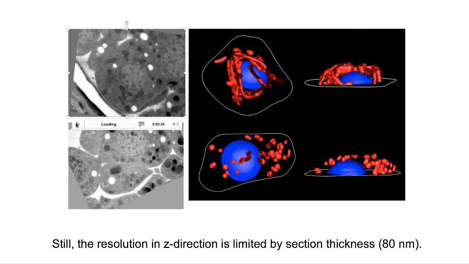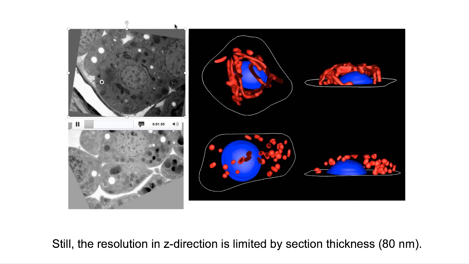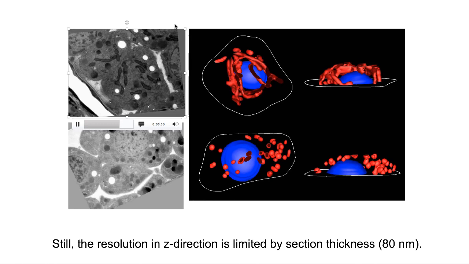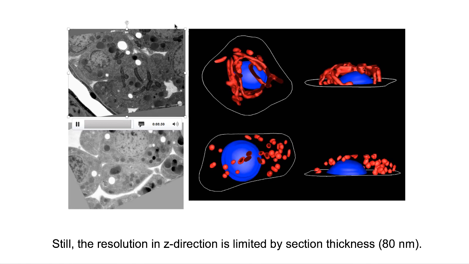So in the movie, about 20 serial sections were collected and imaged and then made into a movie, and in each slice of section the mitochondria were outlined to generate a 3D object. By changing the orientation of this 3D object, we can have this image showing the 3D organization of mitochondria in this developing C.